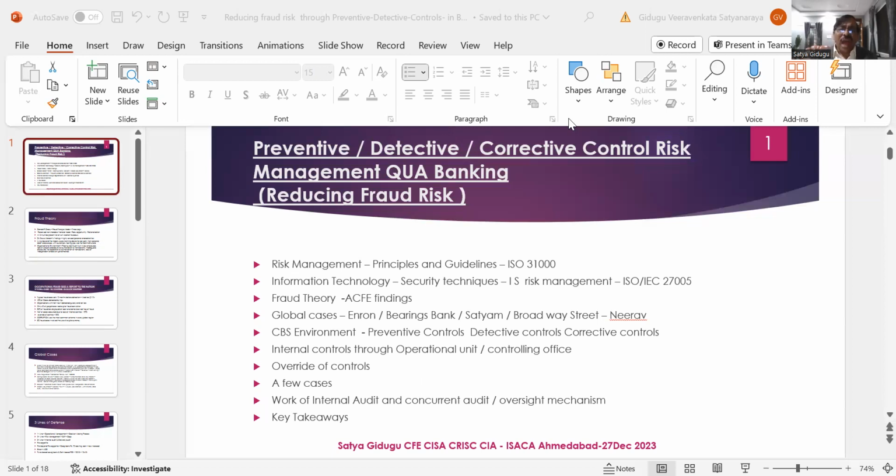And the recent thing: long back in the US after Enron, the PCAOB came as an oversight organization on CPAs. In India also, 2-3 years back, an oversight body came for the Institute of Chartered Accountants of India, with the authority and responsibility to ensure that ICAI is working properly.